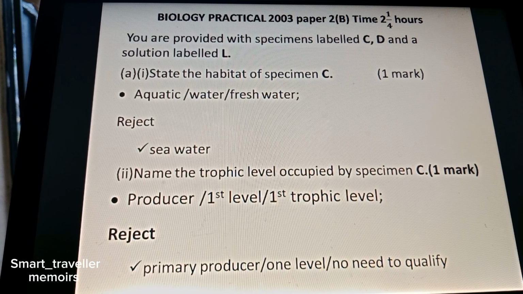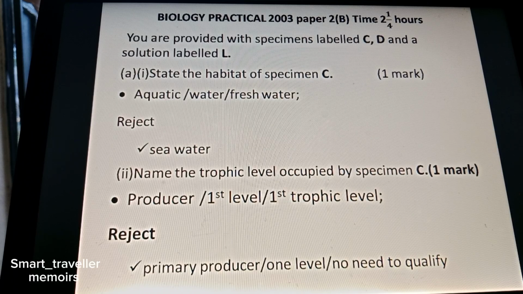Name the trophic level occupied by specimen C. And the trophic level is producer, or, this is ecology. You say first level or first trophic level. This is a practical testing the topic ecology.